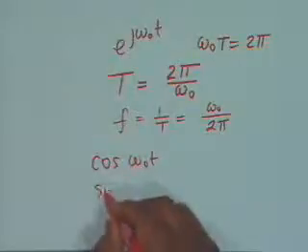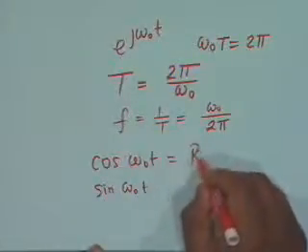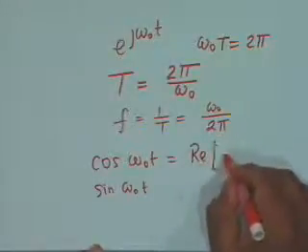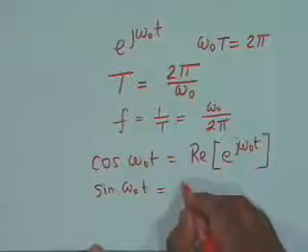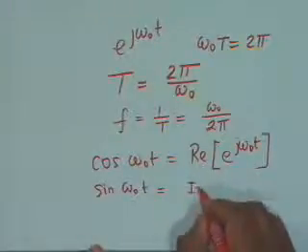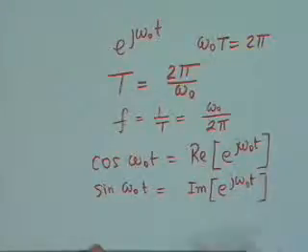Cosine is simply the real part of e to the j omega 0 t, and sine is simply the imaginary part of e to the j omega 0 t.